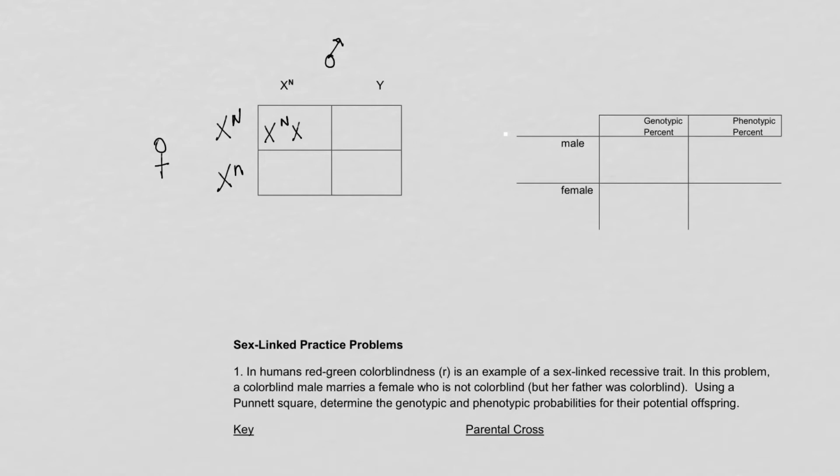So in this instance, this is going to be a normal female. This child would be a carrier for hemophilia, but have a normal phenotype. This would be a normal male. And this is a male with hemophilia.